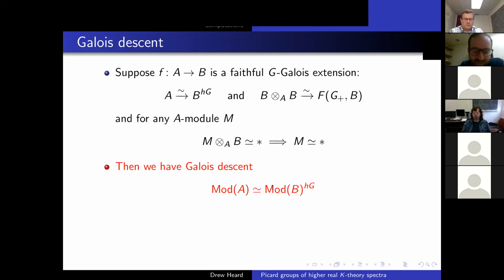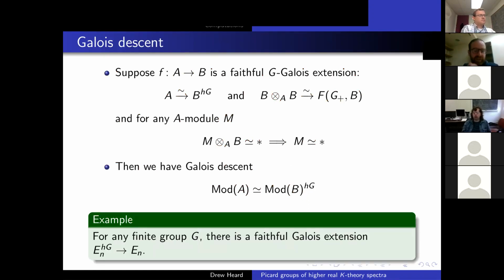Attribute it to all of them if you like, but it just says that the category of B modules inherits a G action via the action on B. And if you have this nice faithful G Galois extension, the homotopy fixed points formed in this category is equivalent to the category of A modules itself.